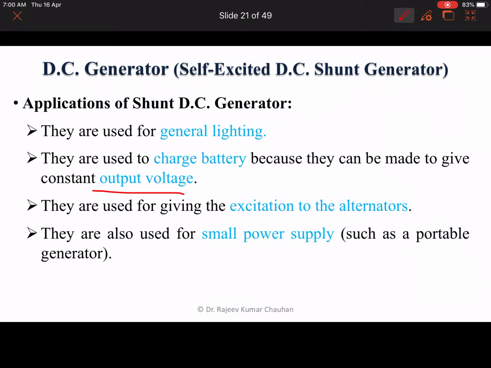Therefore shunt generators are useful for battery charging. They are used for giving the excitation to alternators. For alternators, we also require a constant voltage supply to excite the alternator. They are also used for small power supplies such as portable generators.